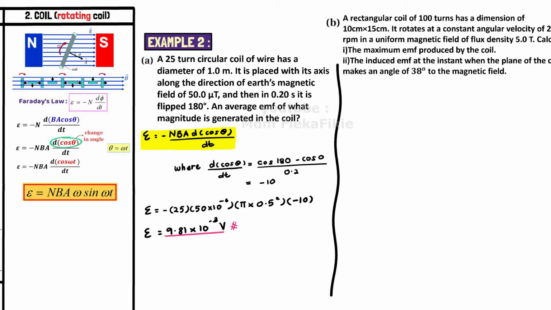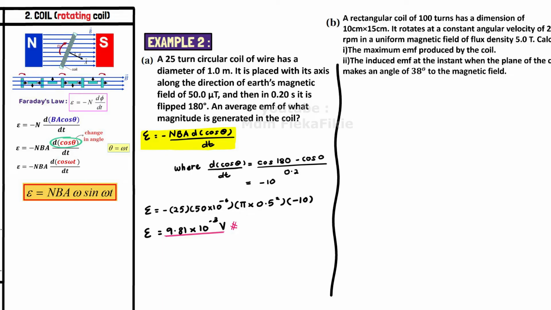So let's calculate the maximum EMF produced by the coil. Okay, so kali ini kita ada nilai angular velocity where it is equal to 200 revolution per minute. Nilai yang diberikan itu 200 revolution per minute. So itu adalah nilai omega.